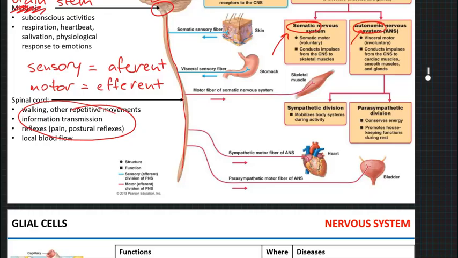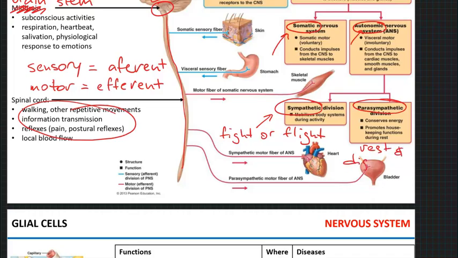I'm not talking about government. The autonomic nervous system is divided into sympathetic and parasympathetic branches. The sympathetic division is also known as the producer of fight or flight responses, and the parasympathetic is known as the producer of rest and digest. Okay?